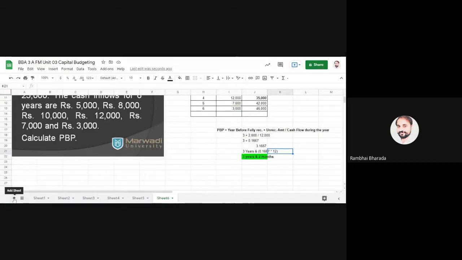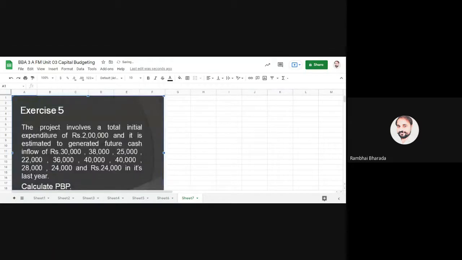One more practical question with the same method. Look at the data. The project involves a total initial expenditure of rupees 2 lakh, and its cash flows are 30,000, 38,000, 25,000, 22,000, 36,000, 40,000, 40,000, 28,000, 24,000, and 24,000 in the last year.